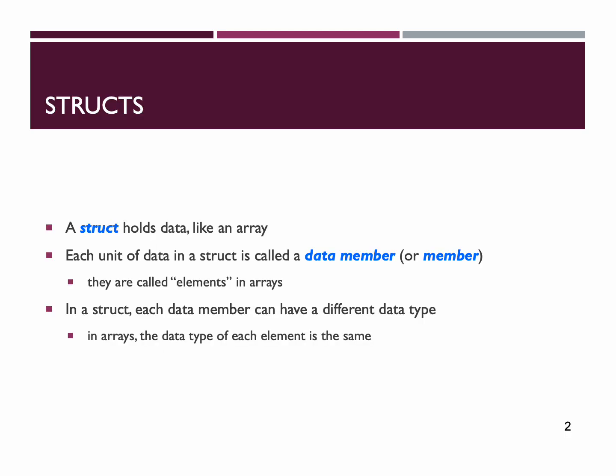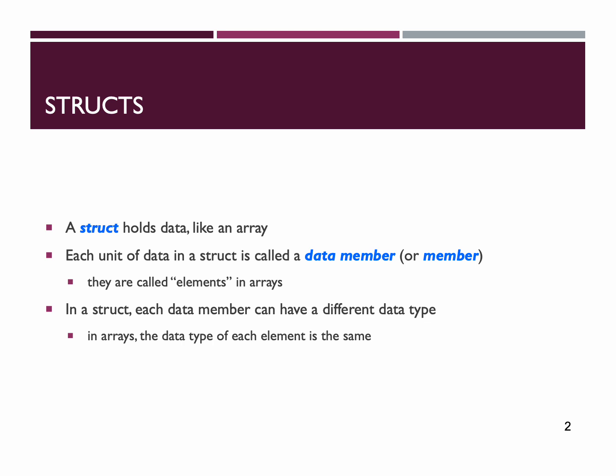Alright, so we will learn about structures, structs, which is basically a composite data type that groups variables of different data types under a single name. So it's commonly used in C, C++ and other languages. Like an array, it holds data.